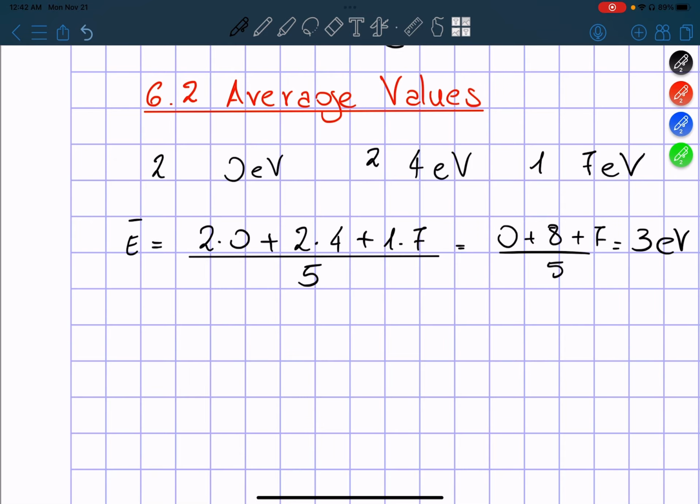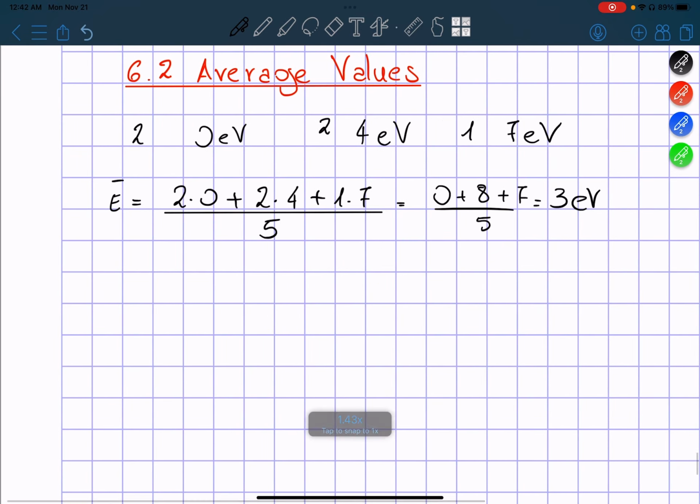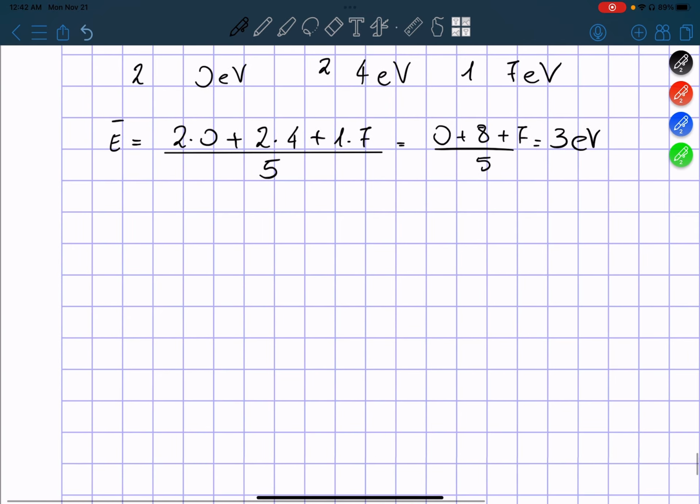All right? But what if we break it down in a different way? What if we say that the first part is going to be 2 over 5 times 0 plus 2 over 5 times 4 plus 1 over 5 times 7. So now you can see that this 2 over 5, 2 over 5, 1 over 5 are actually just probabilities.